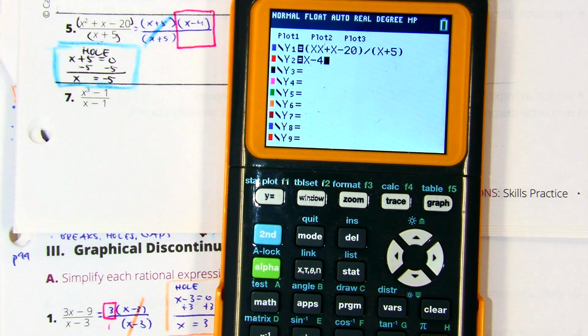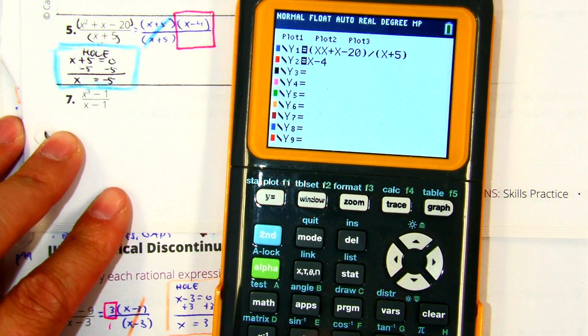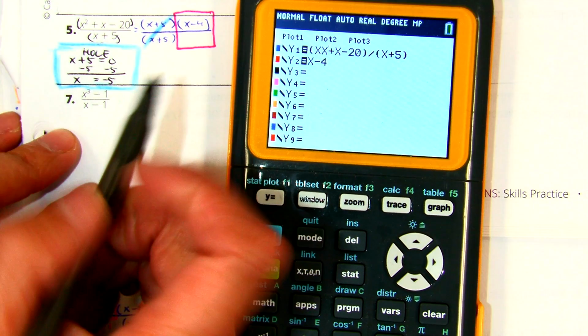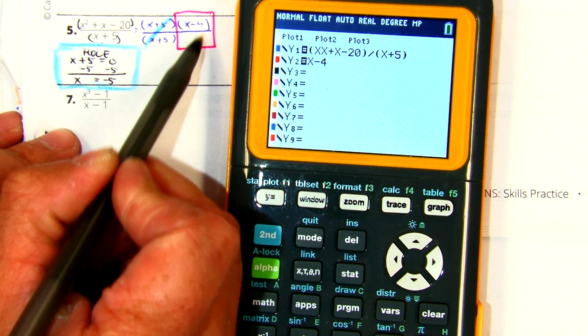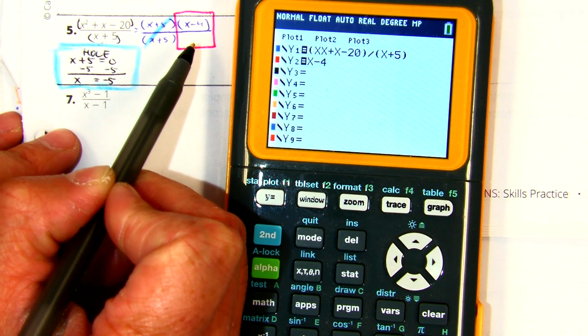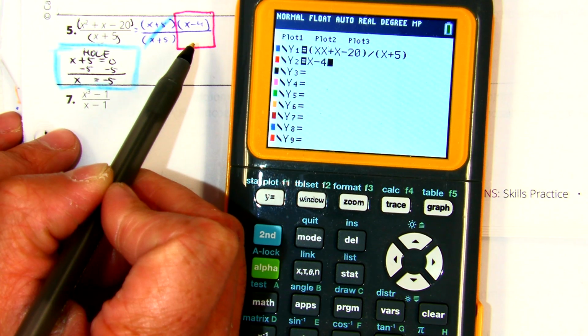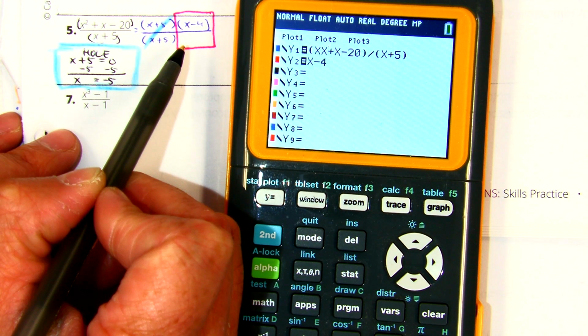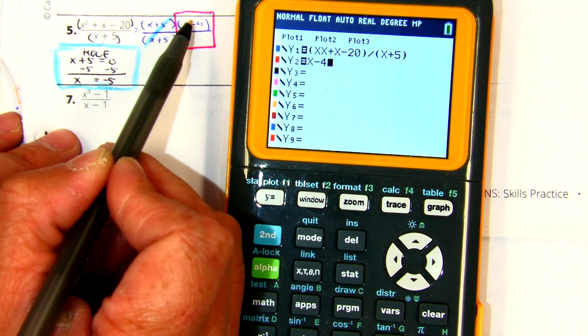Now, if you graph this correctly, x minus 4, what type of function is that, class? What function family? Is it quadratic, class? No. Is it exponential? It's to the first power, so it's going to be linear.